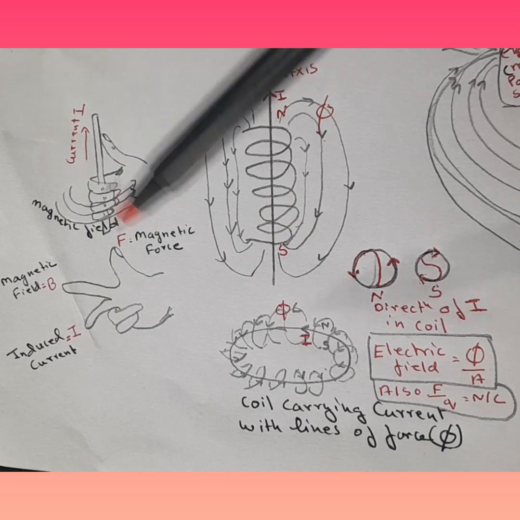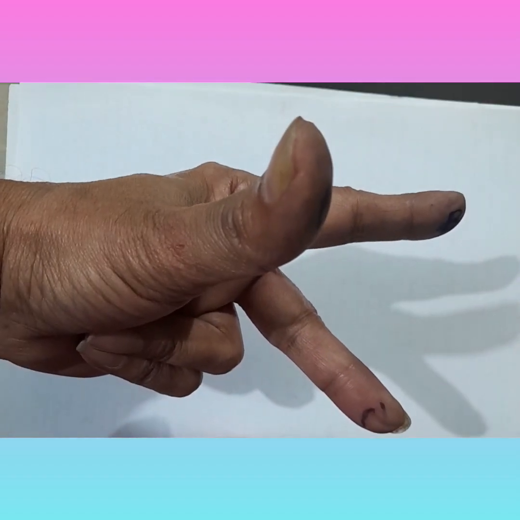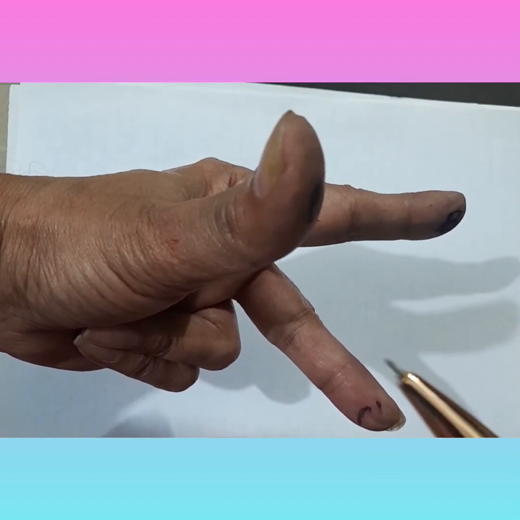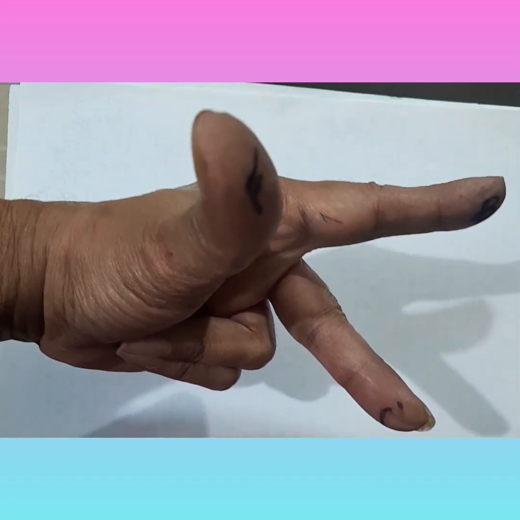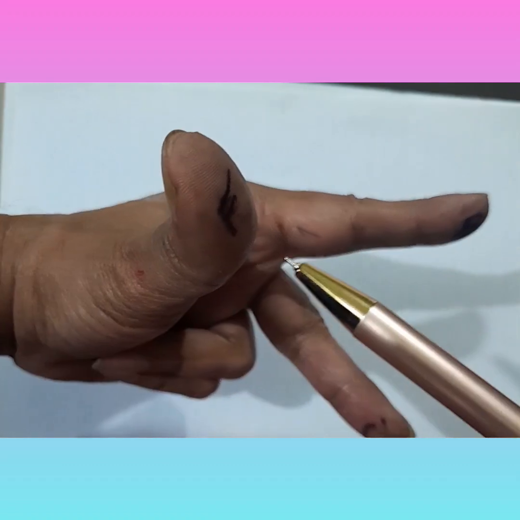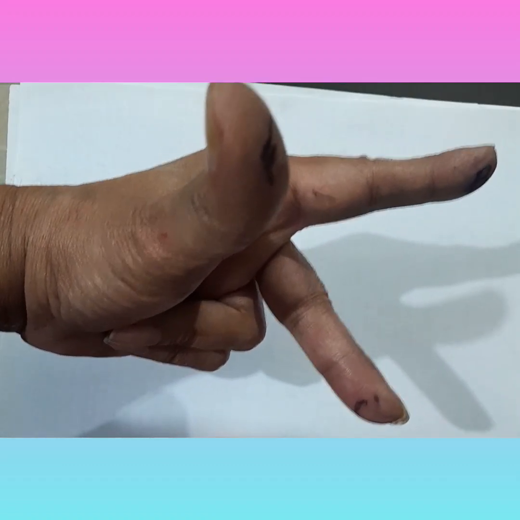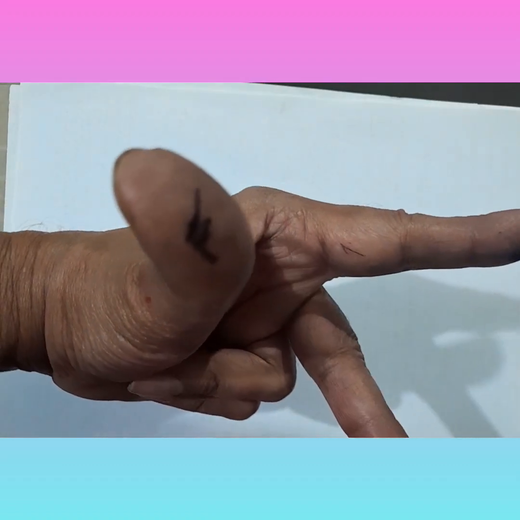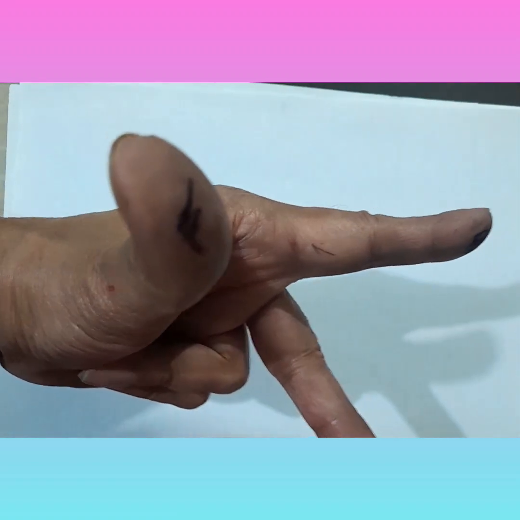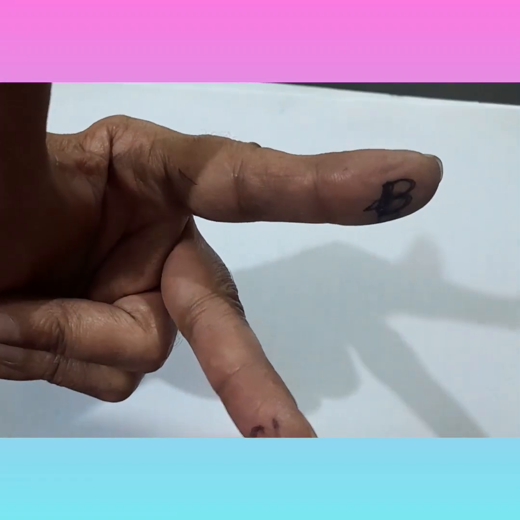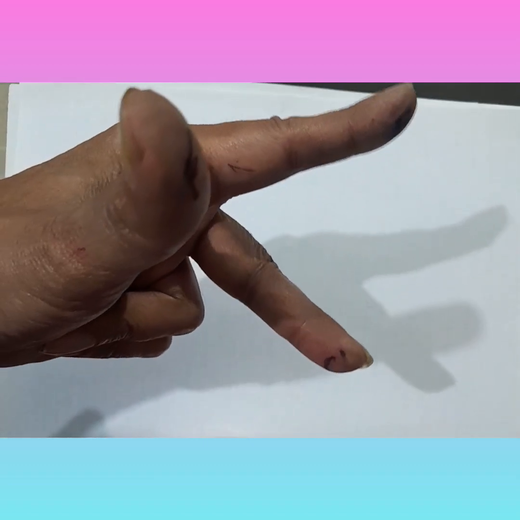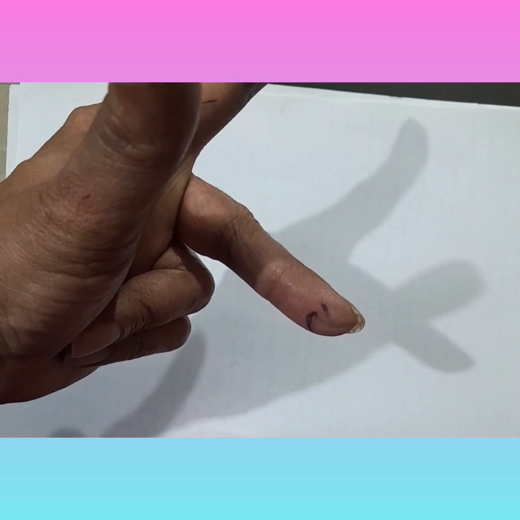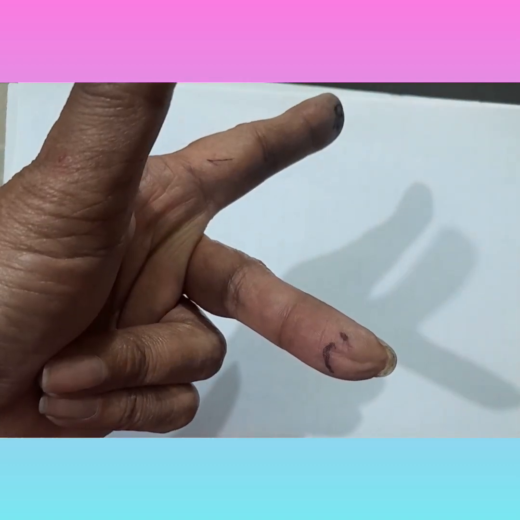Alright. Yet another rule that we have got to keep in mind is Fleming's left hand rule. In the left hand rule, all three fingers are stretched at 90 degrees to each other. The thumb represents force, the first finger represents field, the magnetic field, and the middle finger represents current.